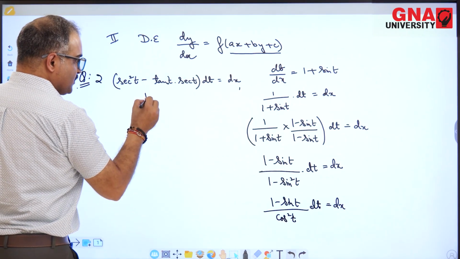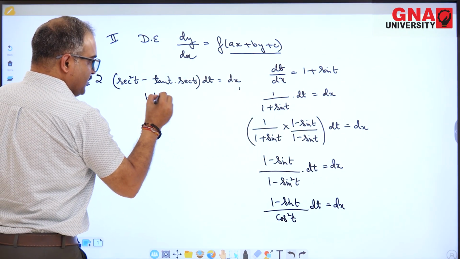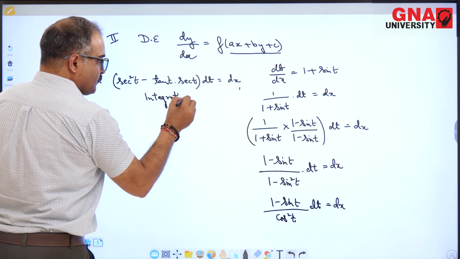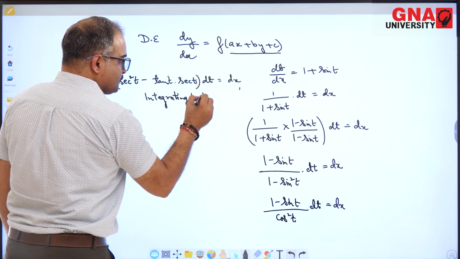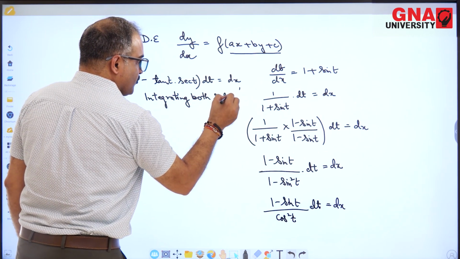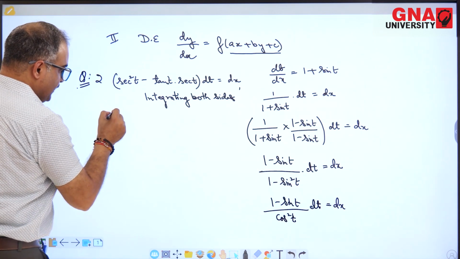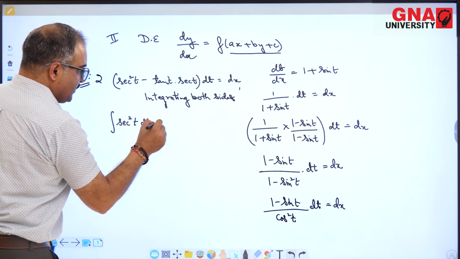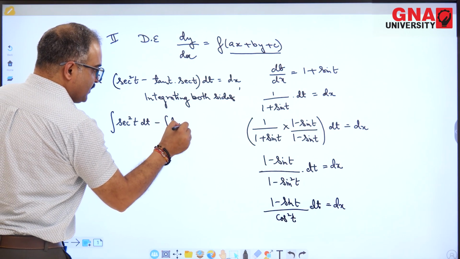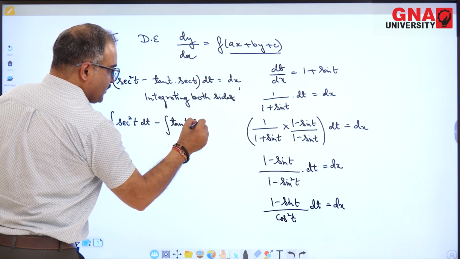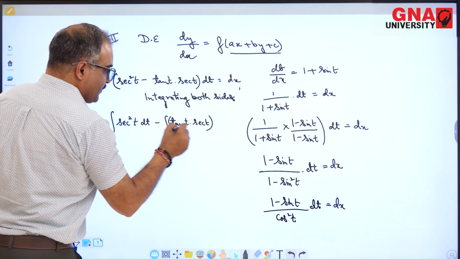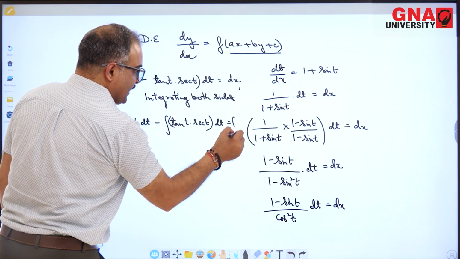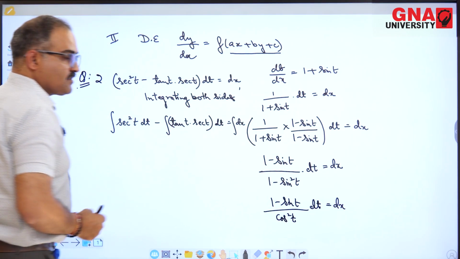Now I'll integrate both sides. So we come up with the integral of secant squared t dt minus the integral of tan t into secant t dt is equal to the integral of dx.